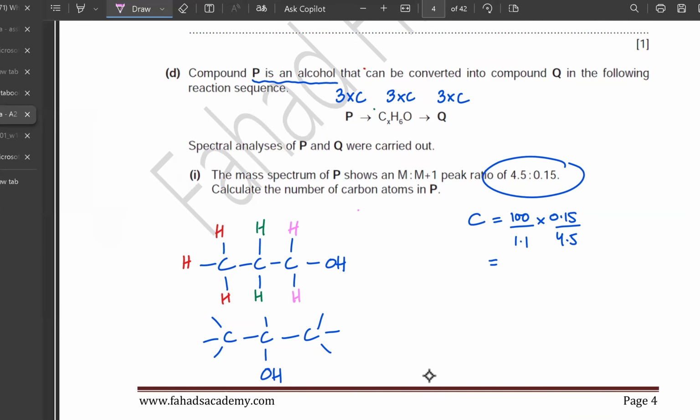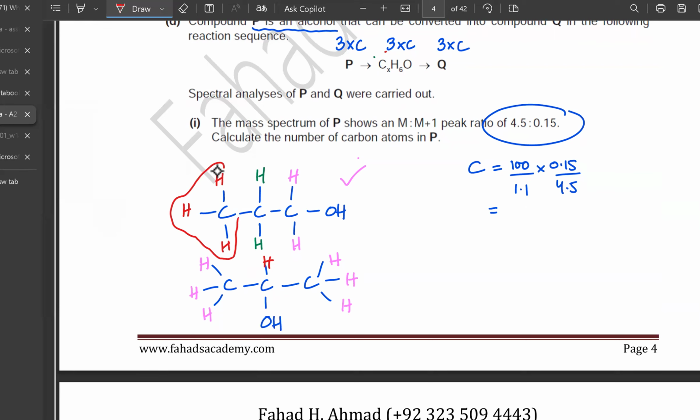Doublet, triplet? What is this one? Triplet. Okay, that's a triplet, so we write 3. This one is going to be what? Multiplet. Sir, it's a multiplet. I have a question: if we look at the middle one, we look at both left and right, on the left carbon how many, and on the right carbon. Yes, you're supposed to look at both sides.